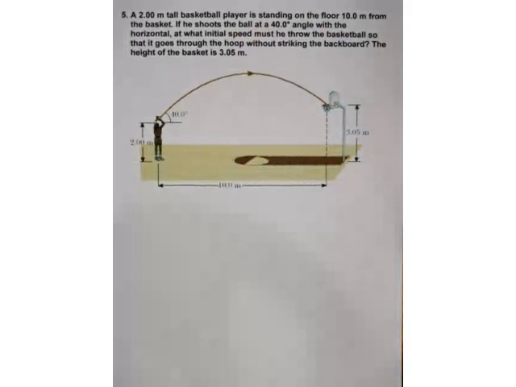If he shoots the ball at 40 degrees angle with the horizontal, at what initial speed must he throw the basket so that he goes through the hoop without striking the board? The height of the basket is 3.05 meters.